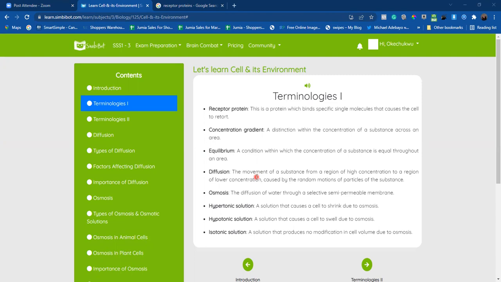If they are just there, nothing triggers them to move, then there will be no movement, they will just be accumulated at a particular spot. But diffusion, which enables substances to move from a region where they are highly concentrated to a region where there is less concentration, is caused by random movement of particles of the substance. So we need to get these details.